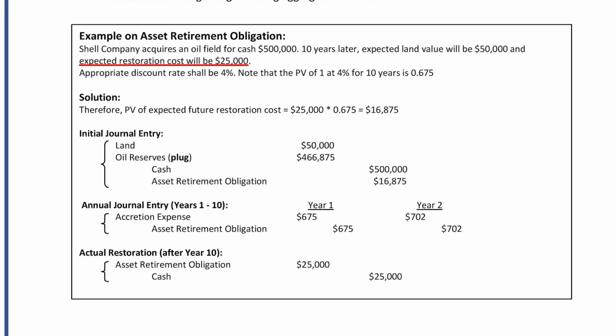The first journal entry, the debit is to land and to oil reserves, the credit is to cash that goes out, and the asset retirement obligation, right, at present value. Highlight $16,875. And right there, grow to $25,000 in 10 years.